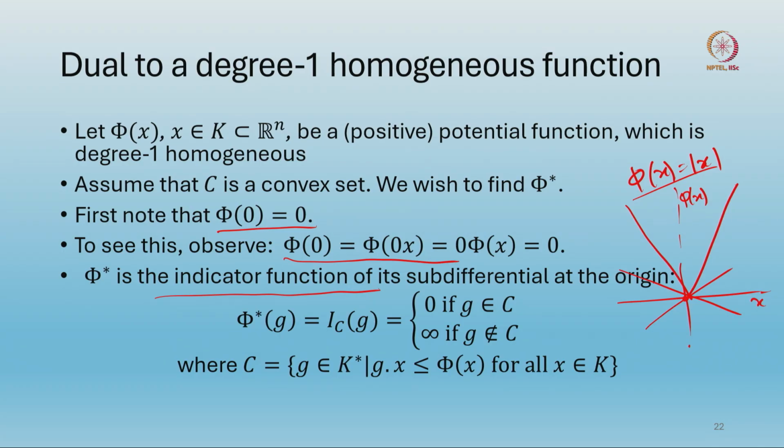That means it will act like a wall about the region of the elastic stresses. That wall will be impossible to break through. That is what imposes the constraint of plasticity, the fact that phi star is an infinite energy outside the zone of admissible stresses. So you see how interesting it becomes provided you understand how to calculate phi star for this degree 1 homogeneous case.